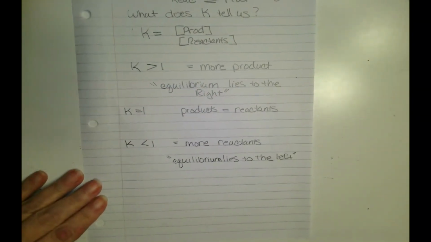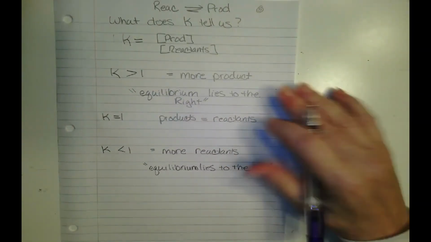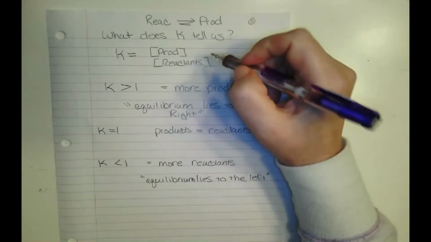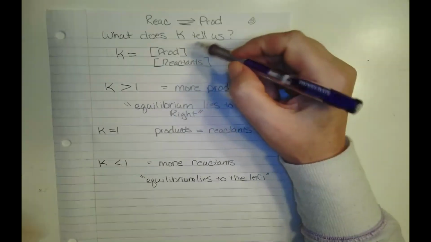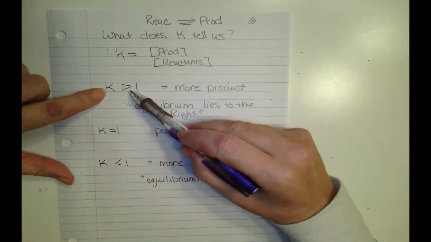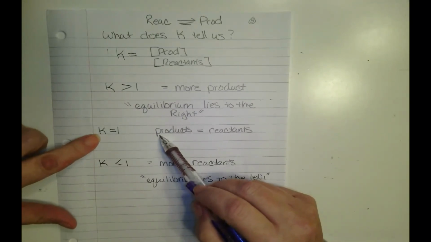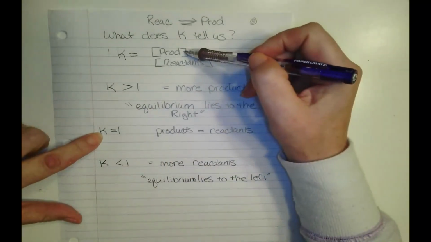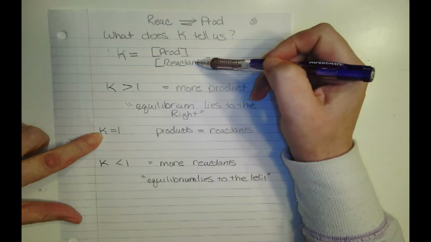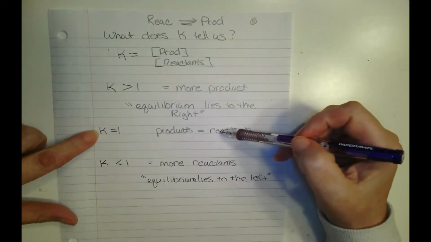Okay? So the last thing that we need to understand from this lesson is, what does K tell us? Remember, it's products over reactants. So if K is a very large number, greater than 1, let's start with if K equals 1. If K equals 1, my concentration over the products over reactants, those have to be the same because that's how I get 1, okay?